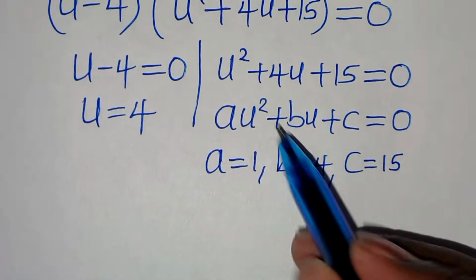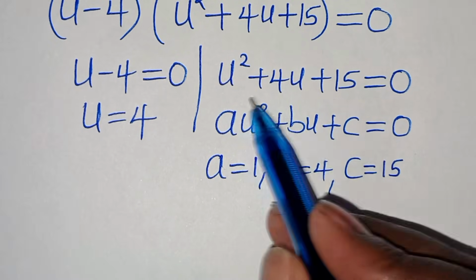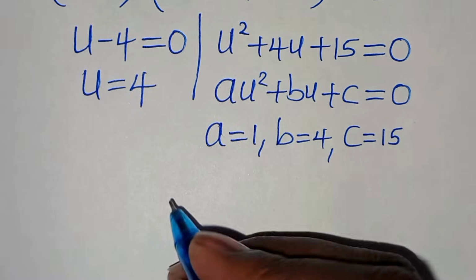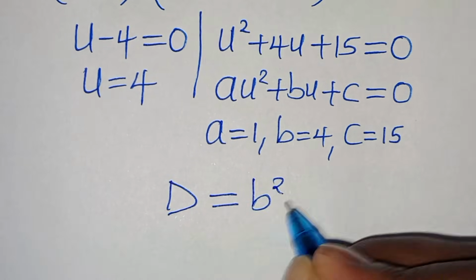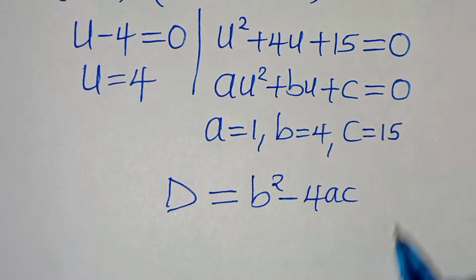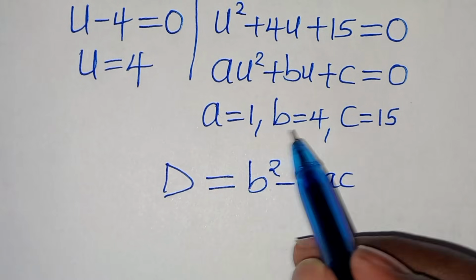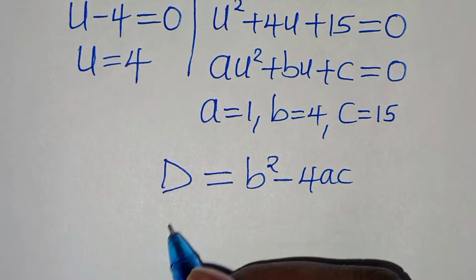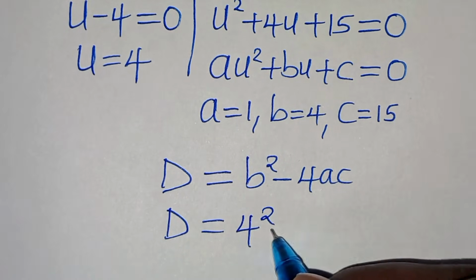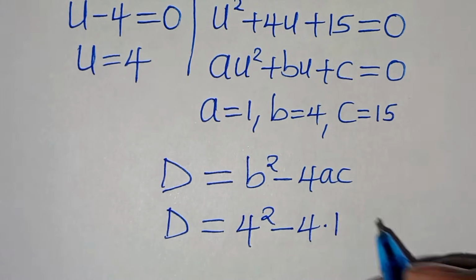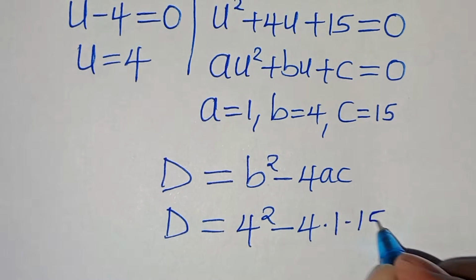Now, let's assess the nature of the roots of this quadratic equation. That is by determining the discriminant value, which is b squared minus 4ac. Let's substitute a, b, and c in this formula, so that we have 4 to the power of 2 minus 4 times a, which is 1, then times c, which is 15.